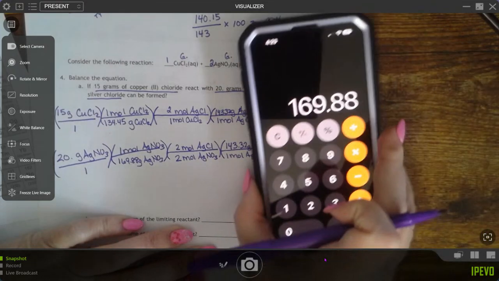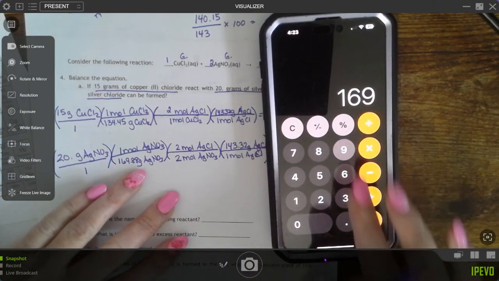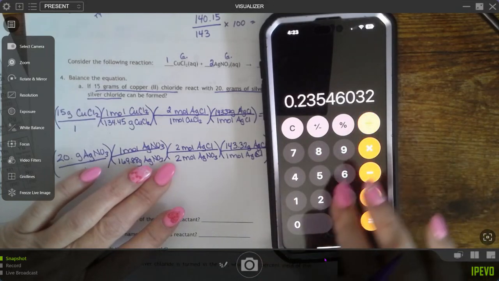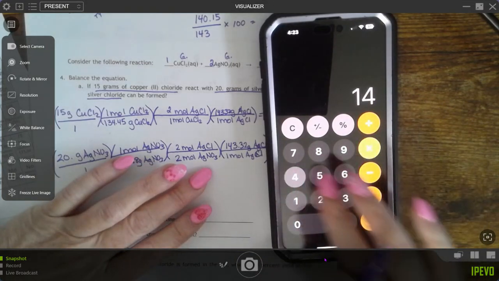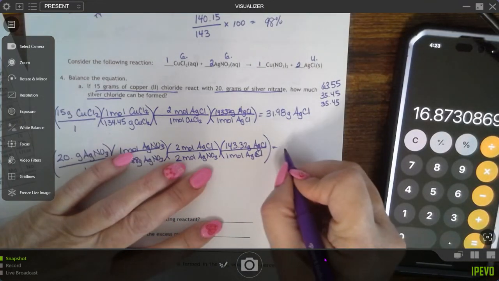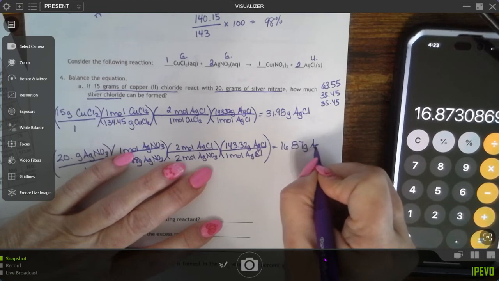Let's calculate this. We start with 20 divided by 169.88 times 2 divided by 2 times 143.32. 16.87 grams of silver chloride.